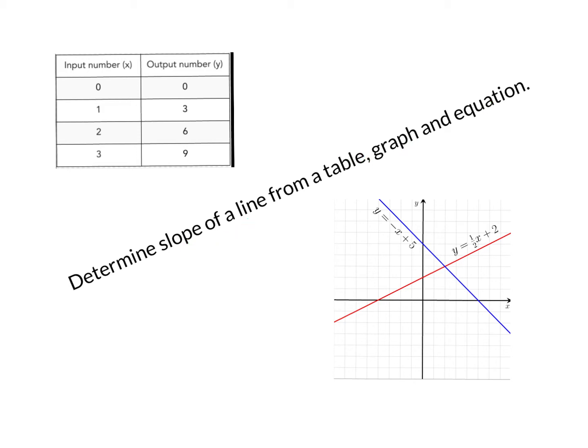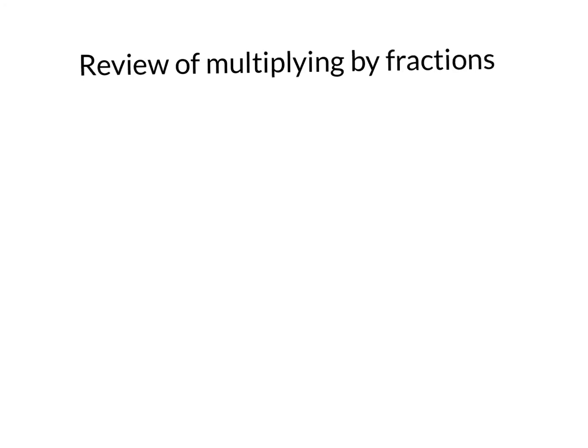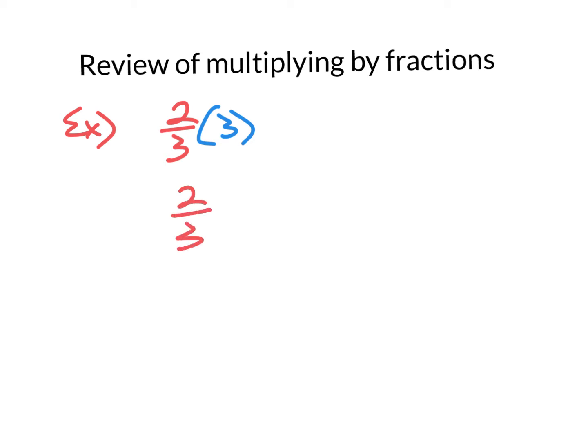Now, just real quick, I want to talk a little bit about a review with fractions. A lot of times when we talk about slope, we're looking at fractions. So for instance, let's just do a couple quick examples. Let's say we have a fraction of 2/3 and we want to multiply it times 3. I just want to remind you that we could just write that as a fraction, 2/3 times 3 as a fraction as well.